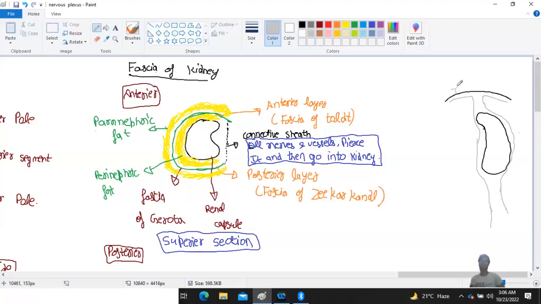This is the diaphragm, and this is the renal fascia.